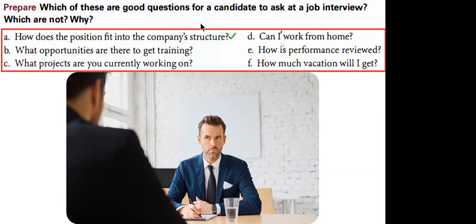How is performance reviewed? Teacher, I don't know what a reviewer is, but yes. I think the teacher isn't here. He's not here. I can see the last one. Someone read the last question because I can see the picture.